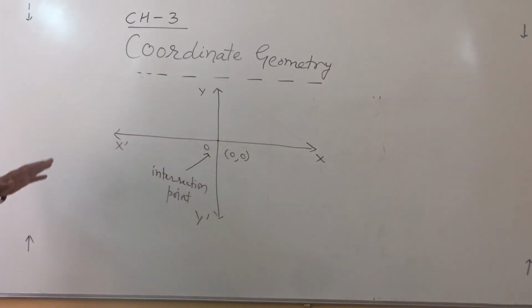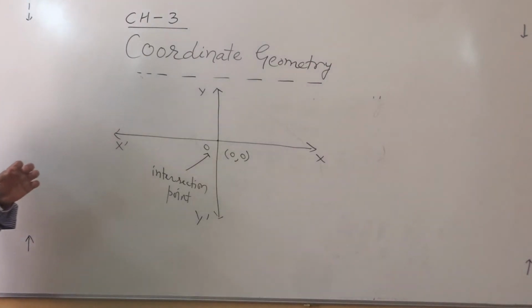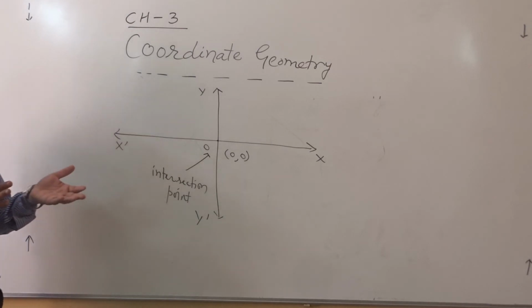So this is the concept that is related with coordinate geometry. If a point is given, then you can easily show the location of that point, and which quadrant it is related with.